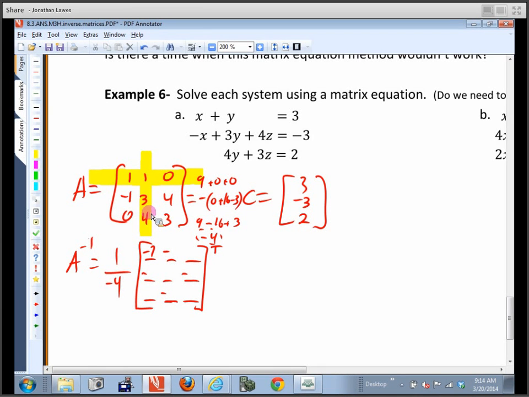However you find those minors, just be careful and you'll get them right. Negative 3, 0. So I'm going to write down a minus 3, right? So this is a positive 3. Negative 4. 0. Okay.